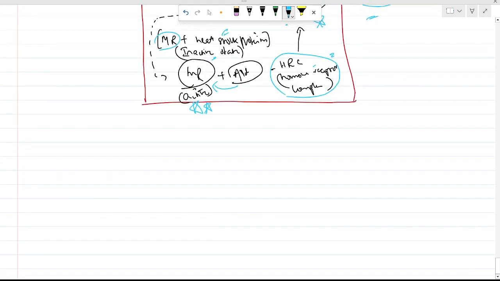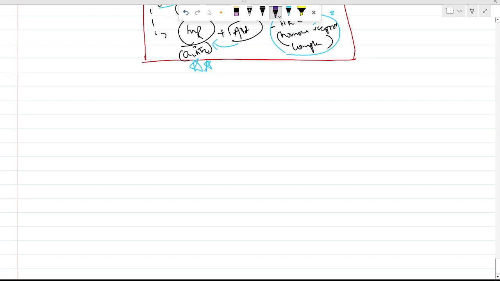Now we are going to see important concepts about these hormones. First, we are going to see down regulation of receptors.